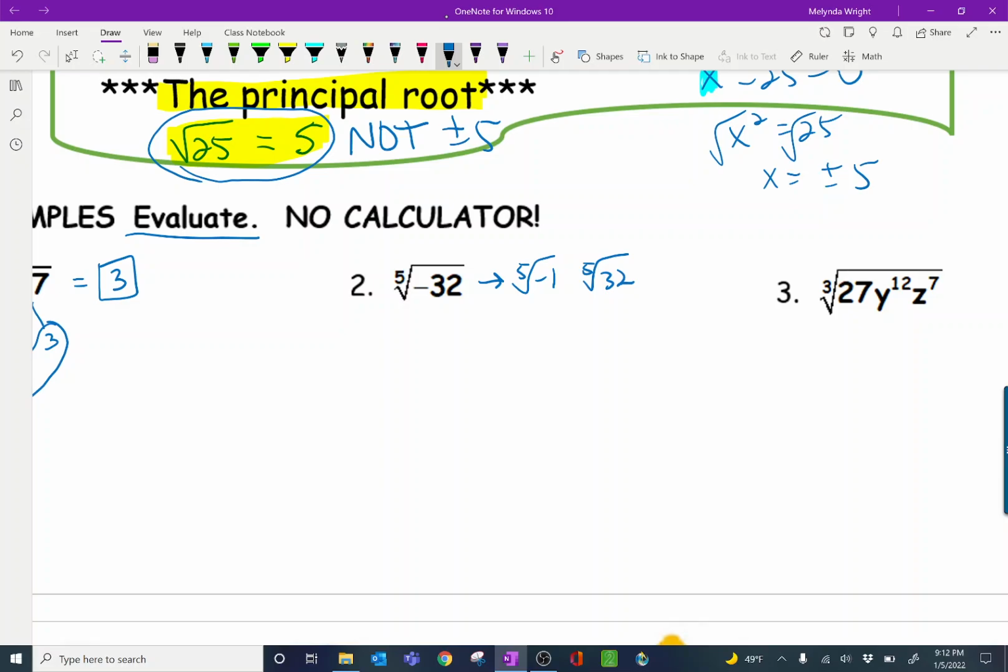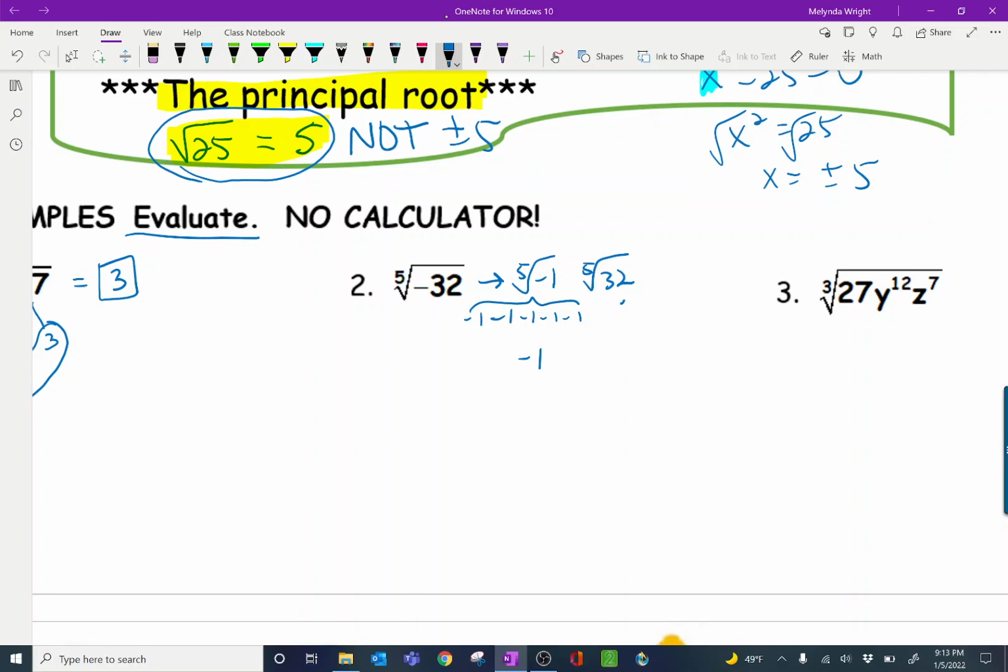Negative 1 to the 5th power: negative 1 times negative 1 times negative 1 times negative 1 times negative 1. Multiplied 5 times, you get negative 1. So that comes out as a negative 1. That's just part of the answer.